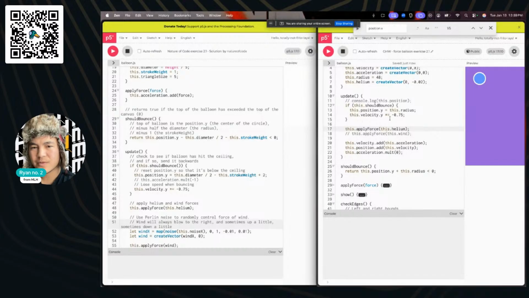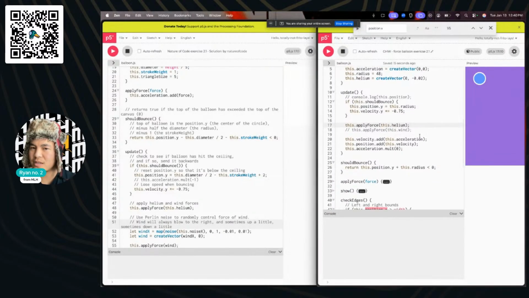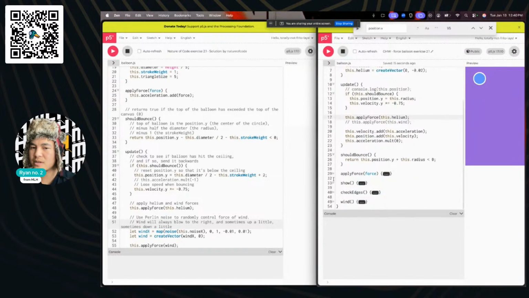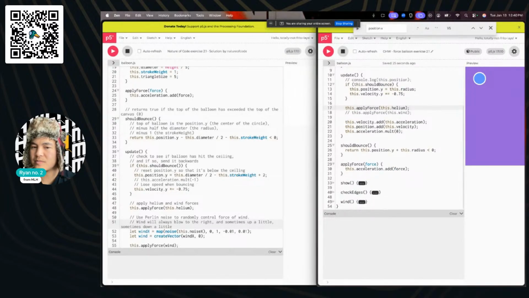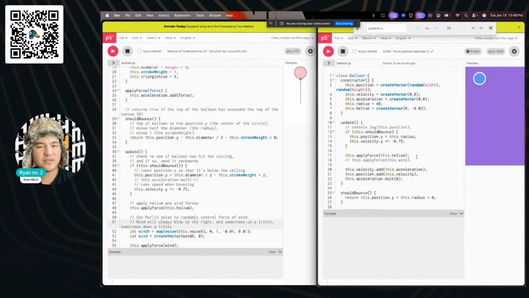So for some reason, helium isn't actually applying any force right now, which is strange because it should be moving in an upwards direction over here. So that means something else isn't working, because we haven't even gotten to wind yet. Maybe it's, I mean, this.applyForce doesn't really have that much going on, so I suspect that's not the problem.